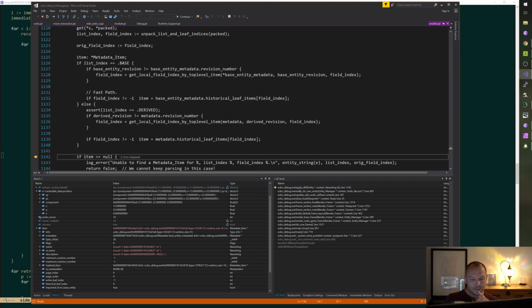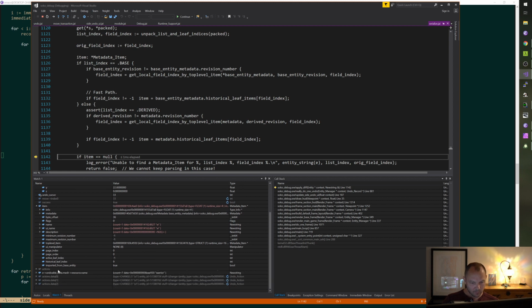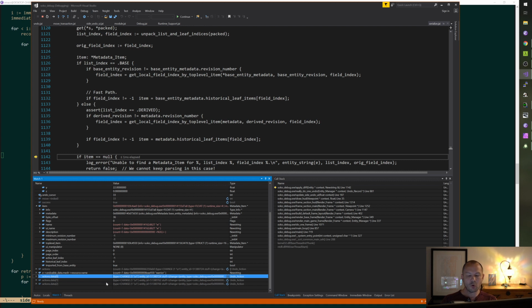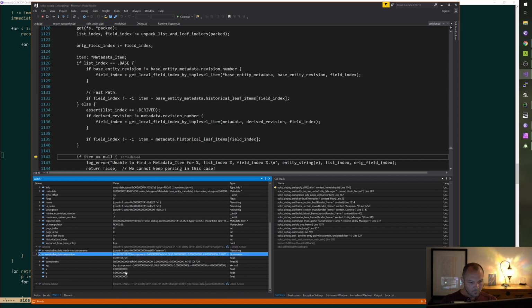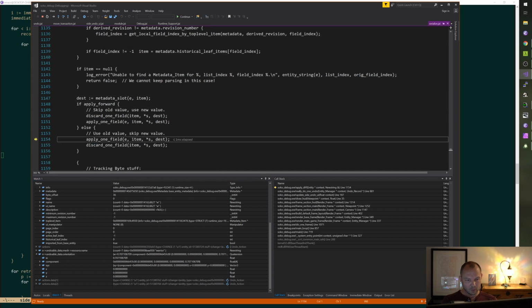Oh, of his orientation. That's probably not worth saving as well. There's so much undo data that we can compress away. So here the w coordinate is going to change to 1 or -1 probably. 1.